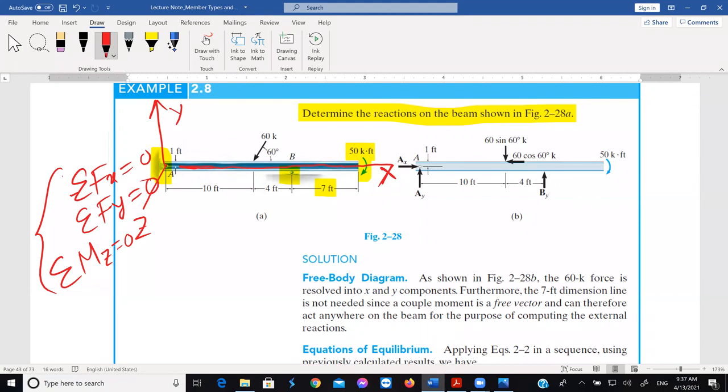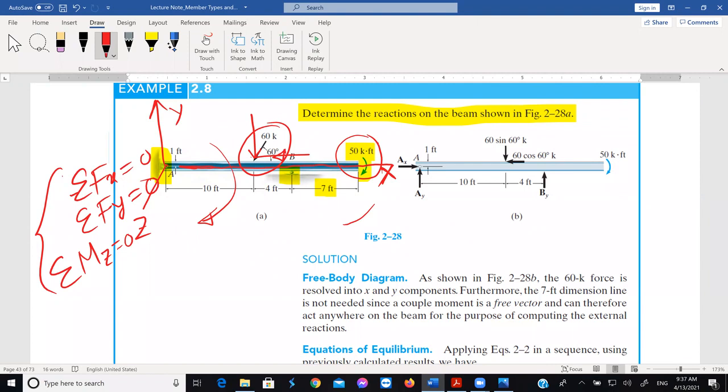So we will consider the rotation about z axis, and as you can see, the 60 kip force will have a vertical component in this direction and it will have a horizontal component in this direction. So about z axis, this vertical component will create a clockwise rotation, and at the same time this 50 kip-feet moment will also create a clockwise rotation about z axis.